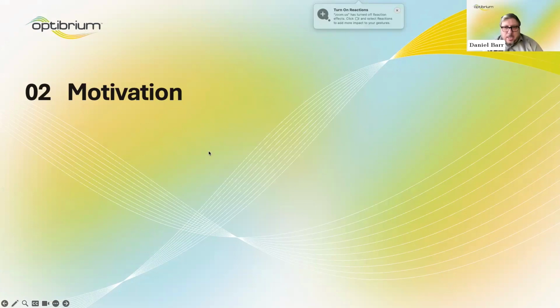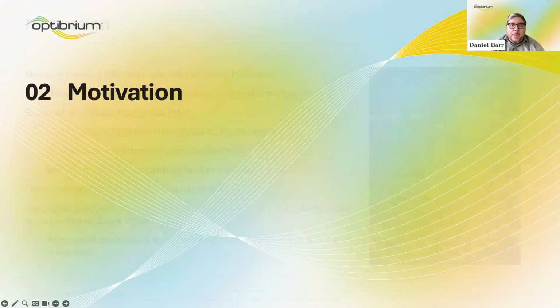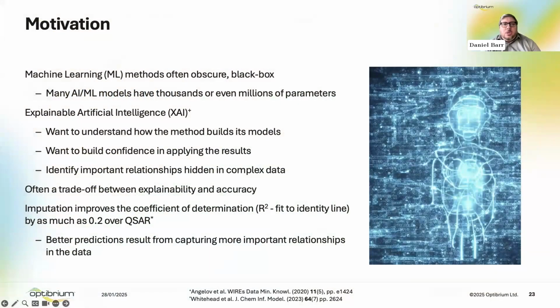I'd like to start just by talking a little bit about the motivation for the study that we'll examine today. So one of the things that we've seen, I think, in the past couple of years, in fact, many of them have even made their way into the popular literature, is how machine learning methods can often be obscure and black box, occasionally even produce sort of ridiculous results, right?